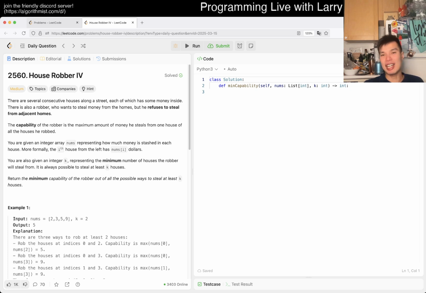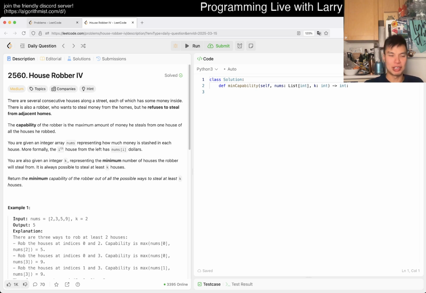But yeah, today let's take a look at today's problem. Anyway, we have 2560 House Robber 4. Let's go. There are several consecutive houses along the street, each of which has some money inside. There is also a robber who wants to steal money from the homes, but he refuses to steal from adjacent homes.